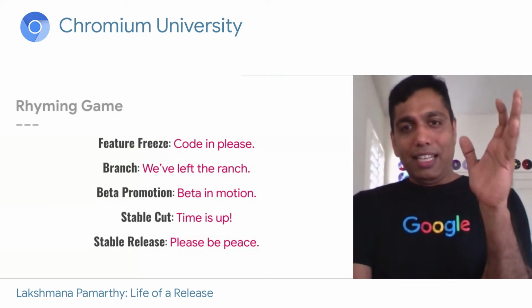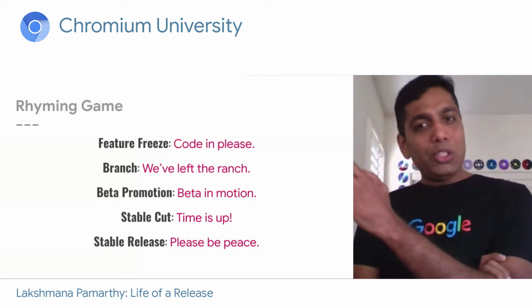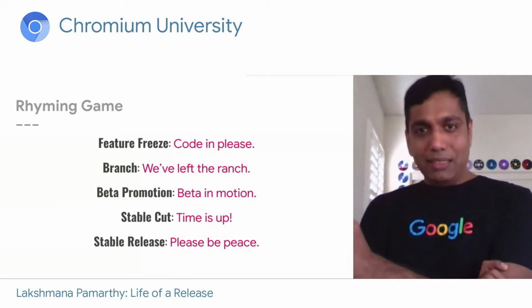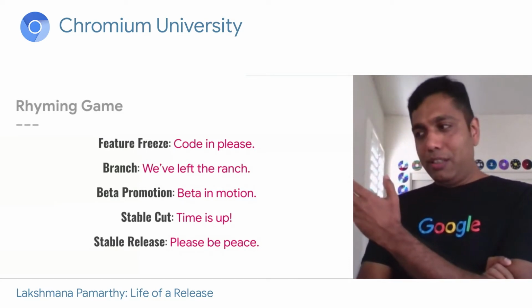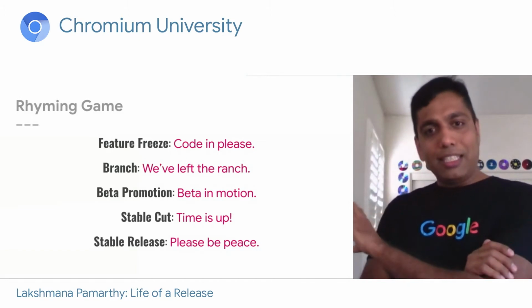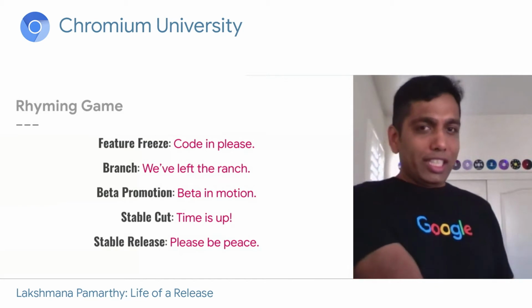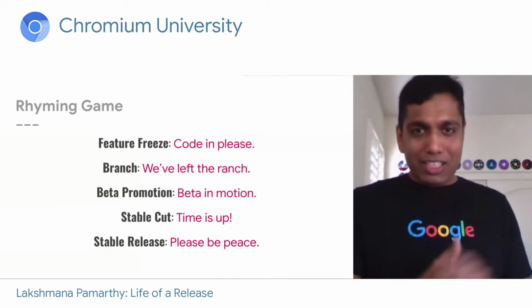There is a time we cut the branch, and there is a time we promote a release to the beta channel. Then there's a time we cut, almost close to release, the stable channel. We cut a thing called stable cut. And then there is the last piece, which is we send it to the stable release channel.